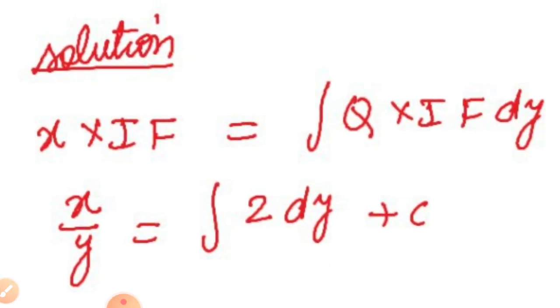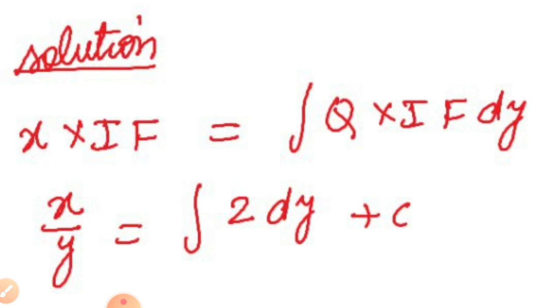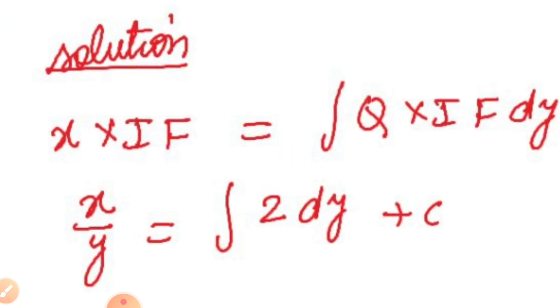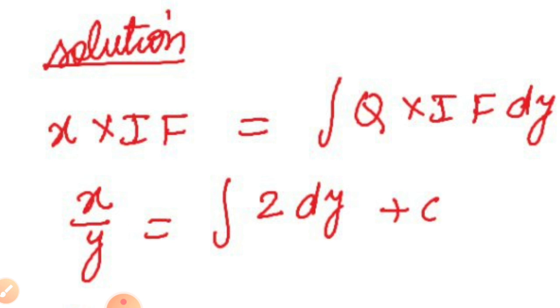It will be x into integrating factor equals the integration of q into integrating factor dy plus c. You can point out that if the differential equation is of dy by dx form, then we will have y into integrating factor, but if it is of dx upon dy form, then we have x into integrating factor.